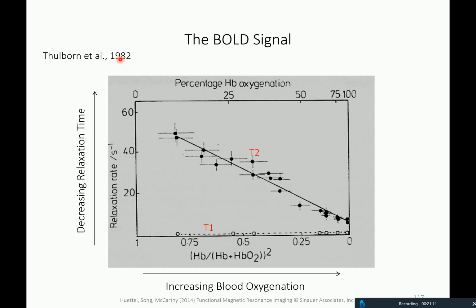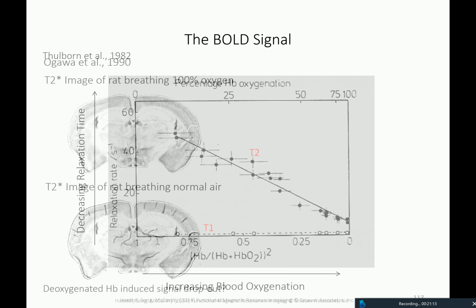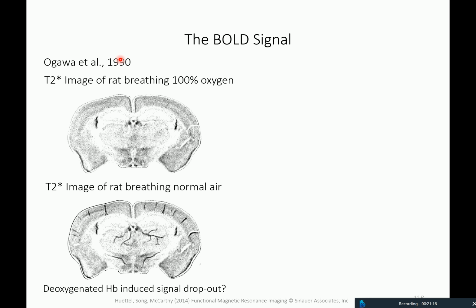The real breakthrough then was based on these rodent experiments by Ogawa in the early 90s, which essentially start from the observation that if you make a T2 star-weighted image of a rat, you see differences in terms of signal dropout if they breathe different air.